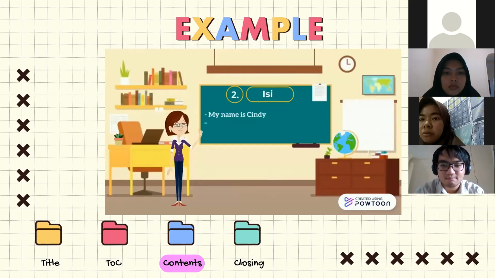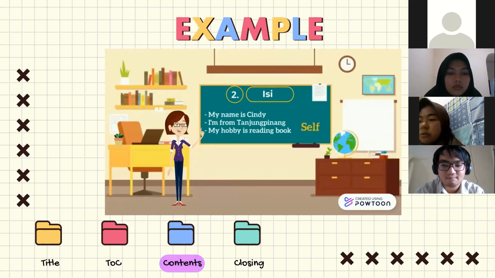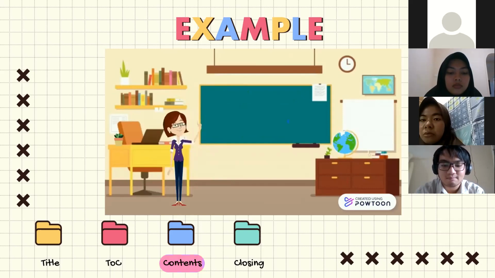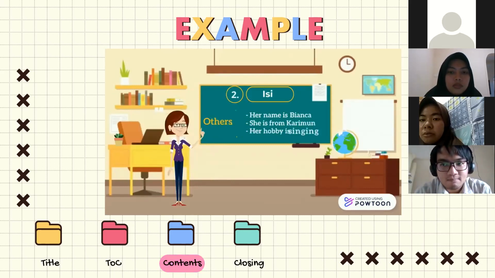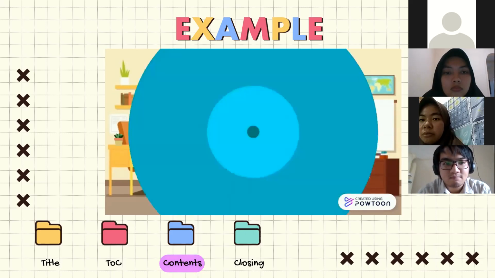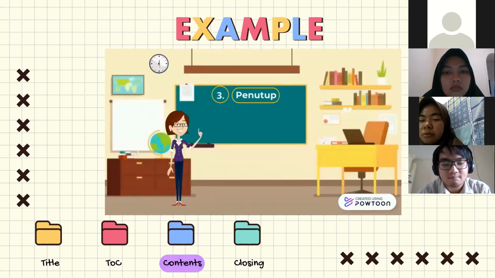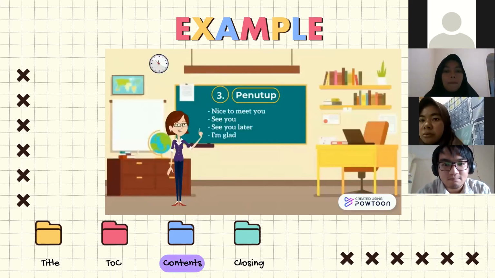My name is Cindy. I'm from Tanjung Pinang. My hobby is reading book. Ini digunakan untuk self. Sedangkan untuk others, her name is Bianca. She is from Karimun. Her hobby is singing. 3. Penutup. Nice to meet you. See you. See you later. I'm glad to meet you.